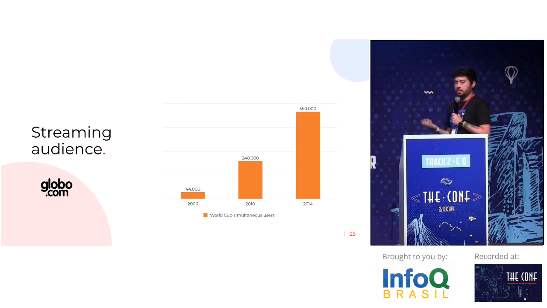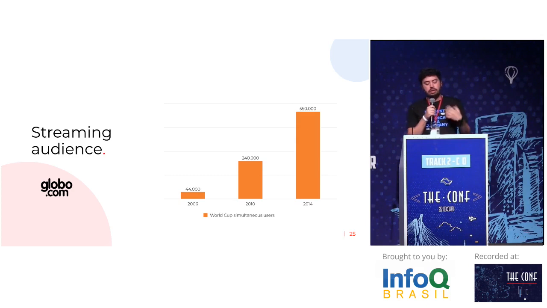To share some numbers with you, in 2006 we had 44,000 users watching globo.com streaming. In 2010 we went to more than 200,000 users. And in 2014 we passed 500,000 users watching.